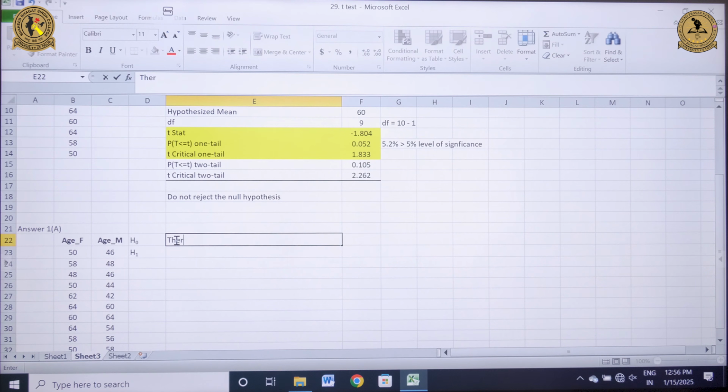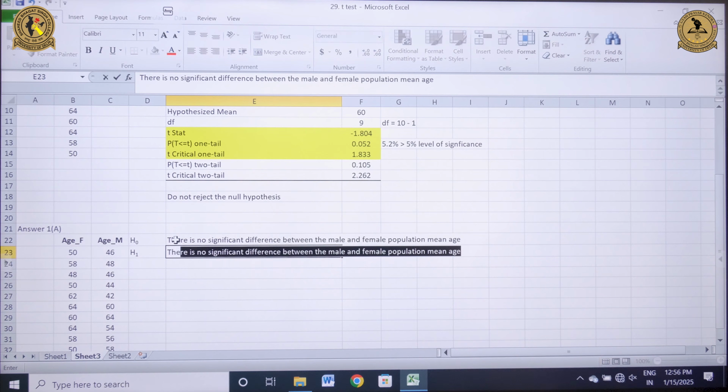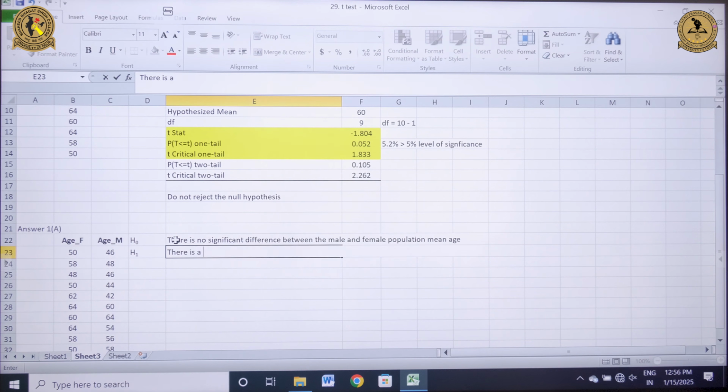So the null hypothesis is that there is no significant difference between the male and female population mean age, while the alternate hypothesis states that there is a significant difference between the male and female population mean age.